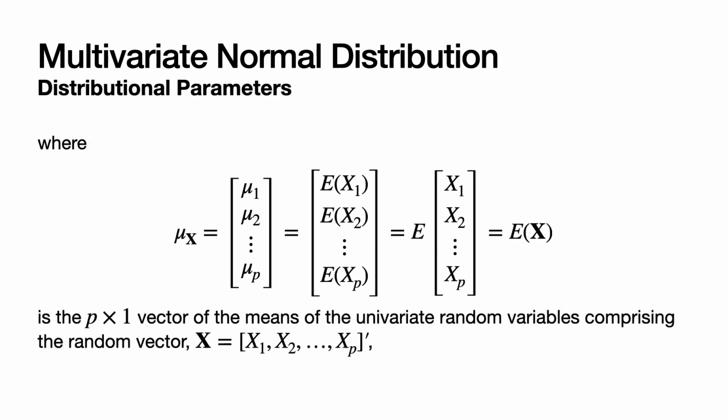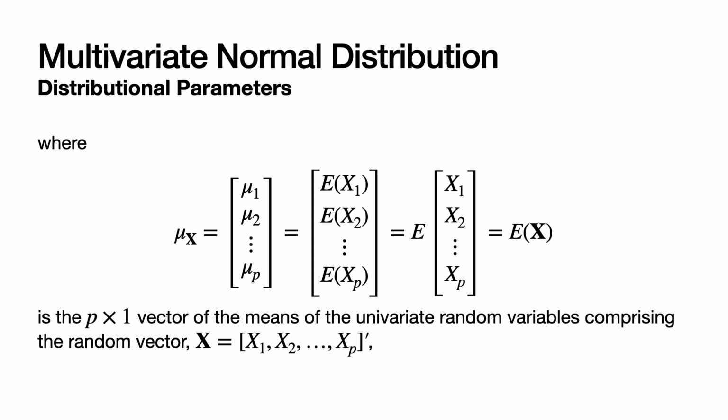In addition, mu sub x in that expression is the p by 1 vector containing the quantities mu1, mu2, and so forth down to mu sub p. And those quantities are the expected values of the random variables. So mu1 is equal to the expected value of x1, mu2 is the expected value of x2, and so forth, down to the final quantity, mu sub p, which is equal to the expected value of x sub p.